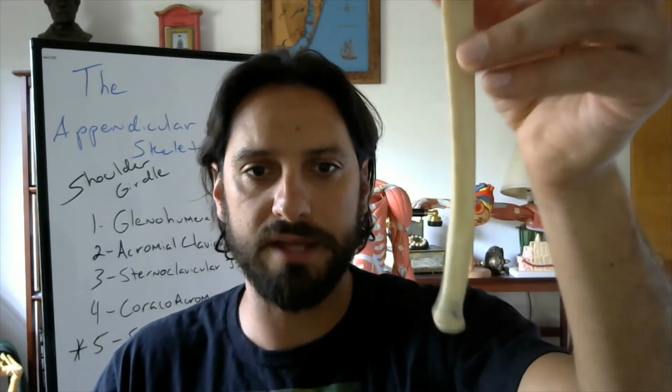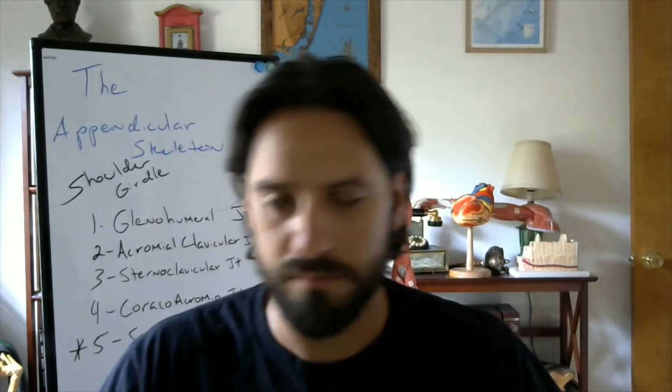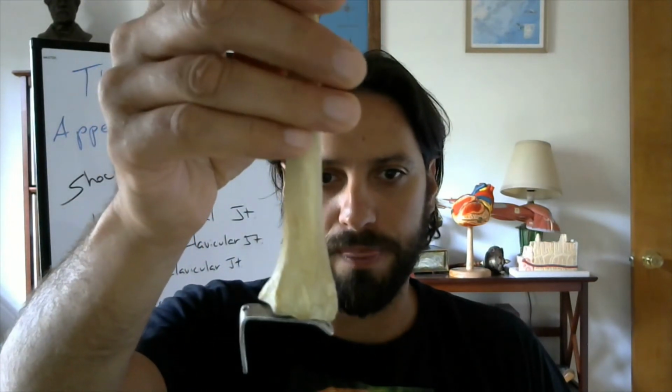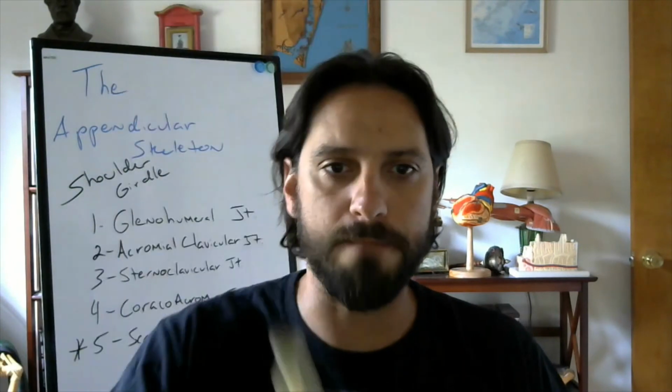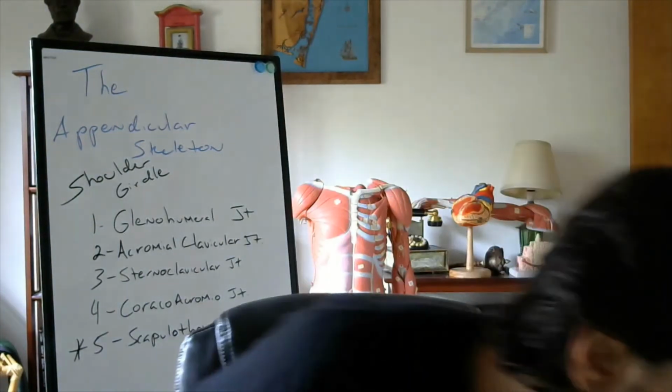Here's my distal end, anterior, posterior, and then here's my radius. Okay, this is my anterior aspect, and my radial head right there. Posterior aspect, anterior, posterior.